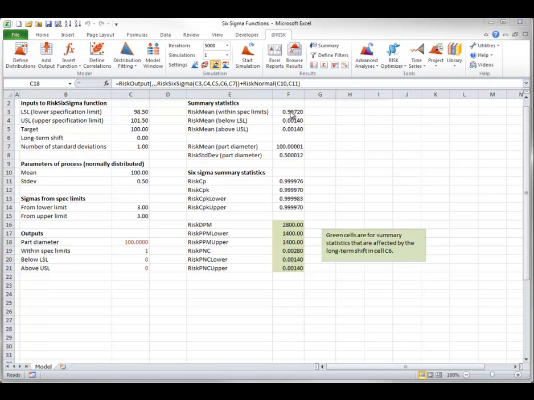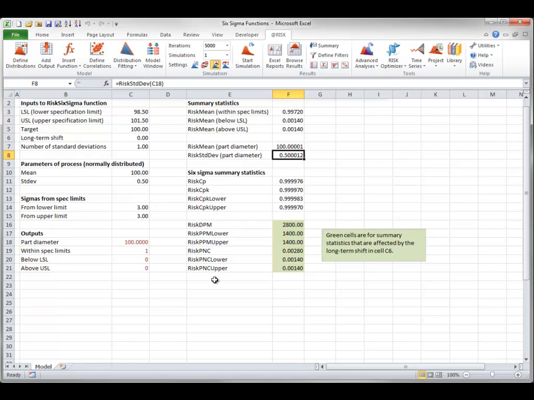They simply apply risk mean and risk STD DEV, standard deviation, to the output cells. But from row 11 down, you see the second consequence of the risk 6 sigma property function. It enables you to use the 6 sigma functions.